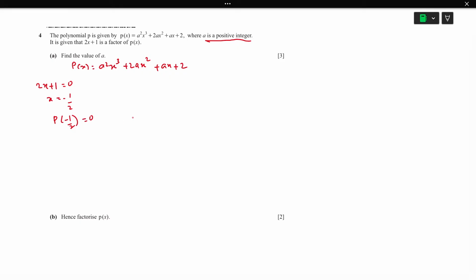So a square into (negative 1 by 2) cube plus 2a into (negative 1 by 2) square plus a into negative 1 by 2 plus 2. As we know, p of negative 1 by 2 equals 0, so I'll simplify everything.